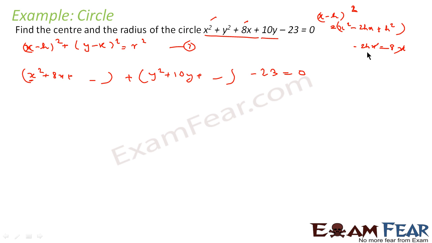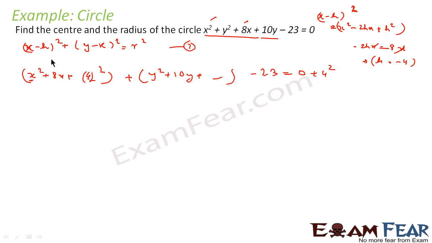If you compare, x is cancelled, and h is equal to minus 4. And here we need plus h square, so we say plus h square, that is plus 4 square. If we add plus 4 square here, we have to add 4 square on the right side also.